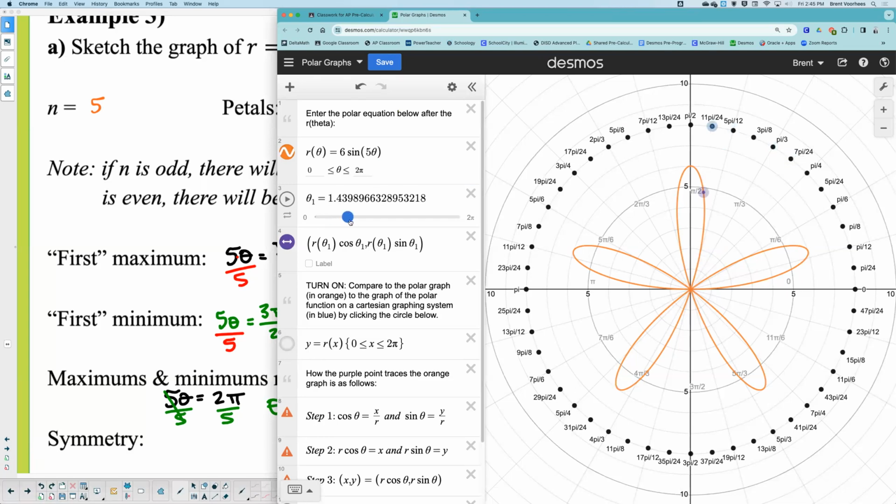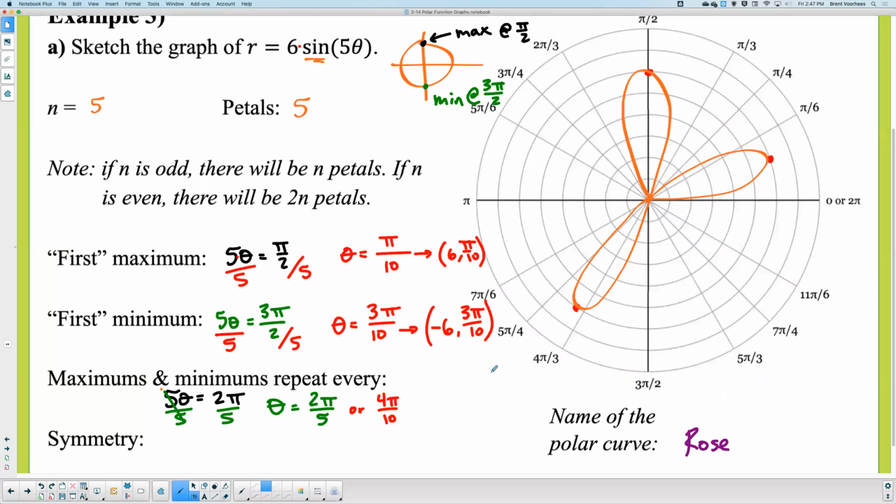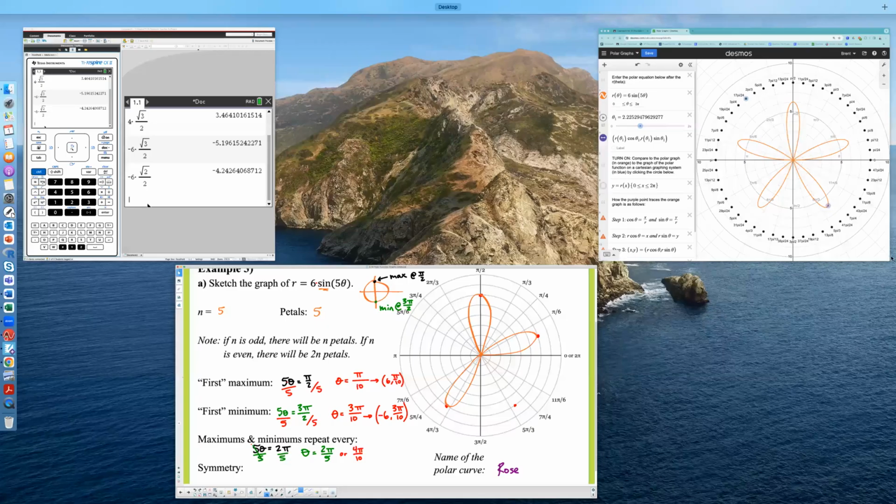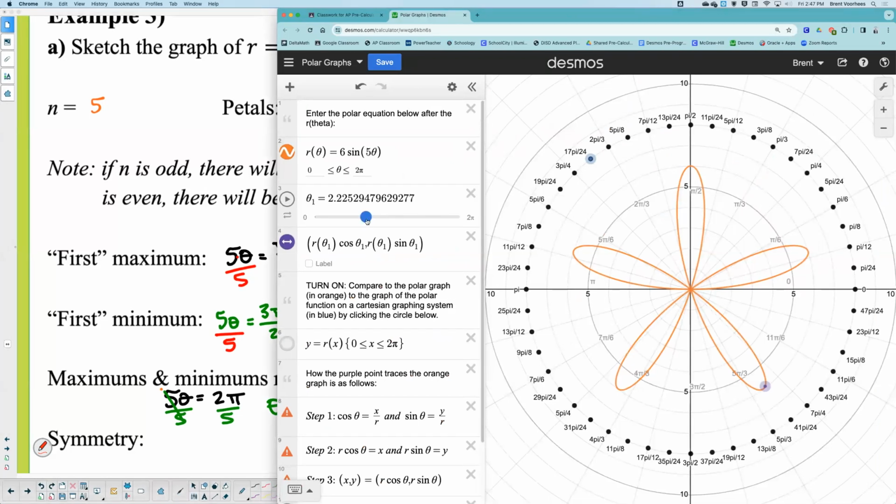And then we came up, and we had its next maximum at 5 pi over 10, which reduced to become pi over 2. Your next minimum is over here, which we didn't put on the graph. That was the one I was missing. That's in between 5 pi over 3 and 7 pi over 4. Let's put that one on there. This would be the next minimum. And then finally, the last piece I'm missing is this one right here.